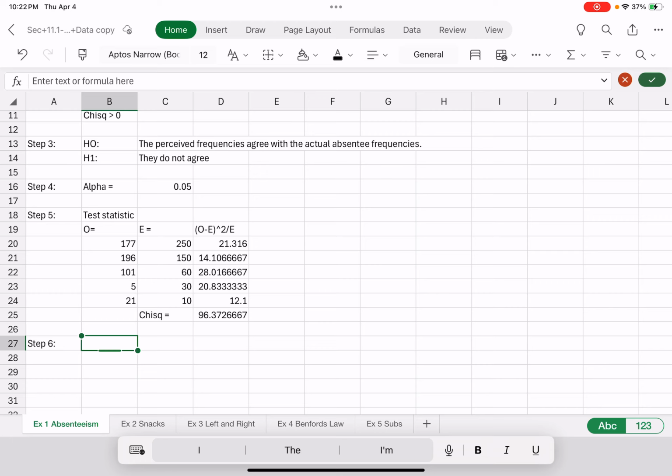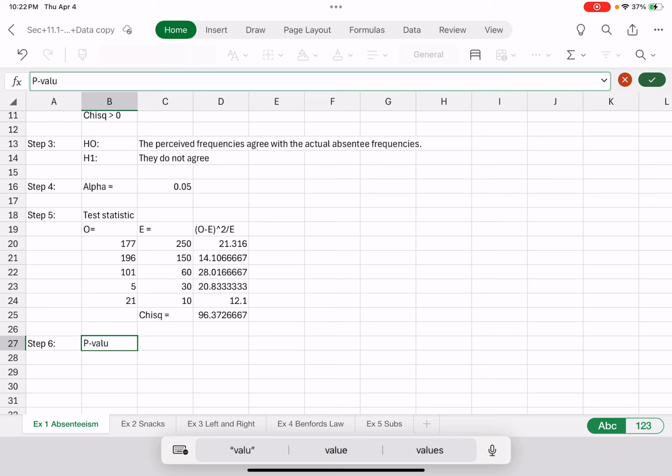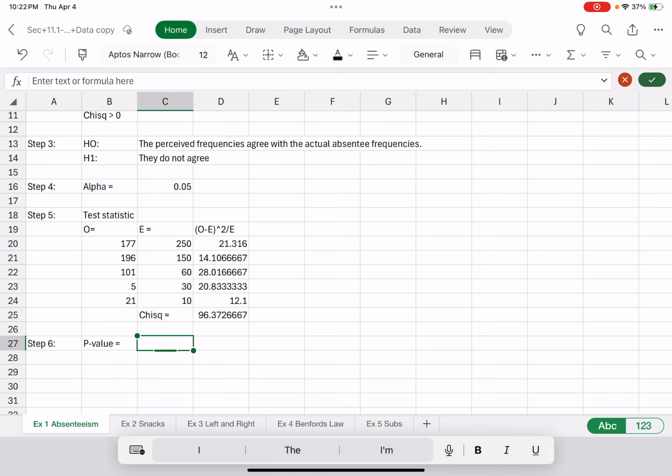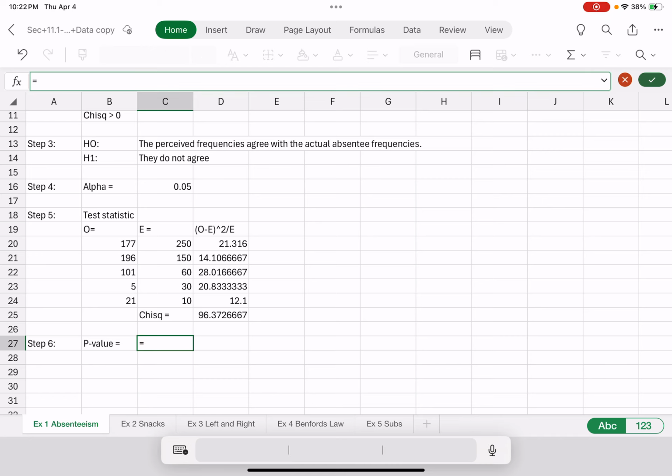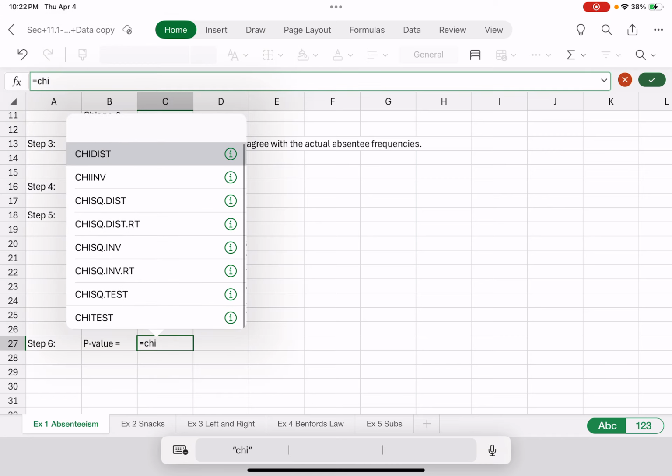Step 6 is now to compute the p-value. So the p-value is going to equal chi squared dist dot rt.